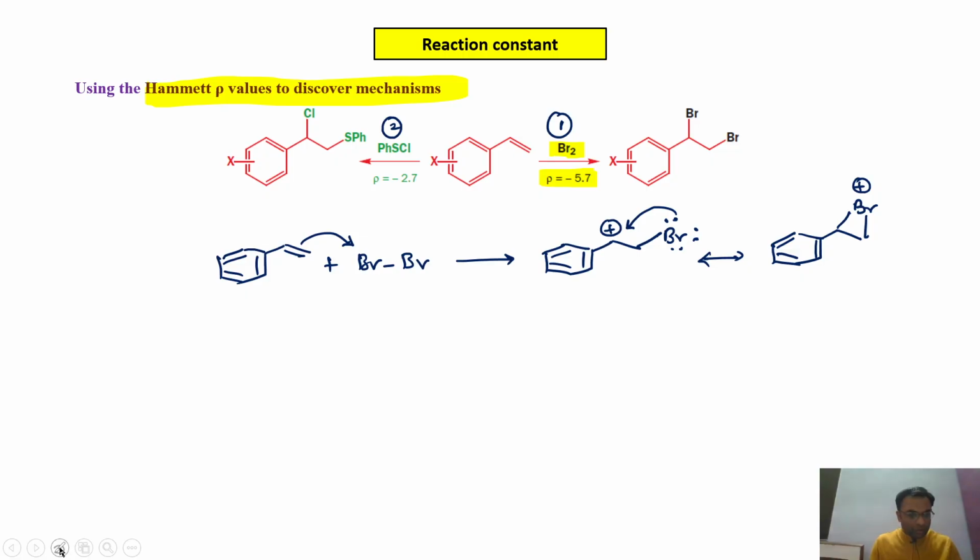Now there are two possibilities: either the formation of a carbocation or the formation of a cyclic bromonium ion.